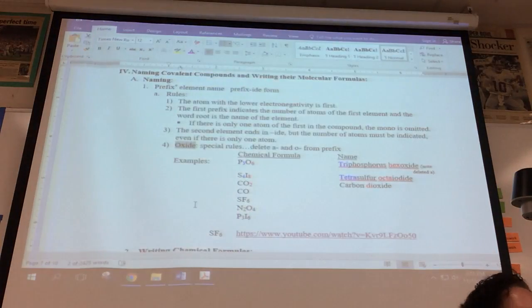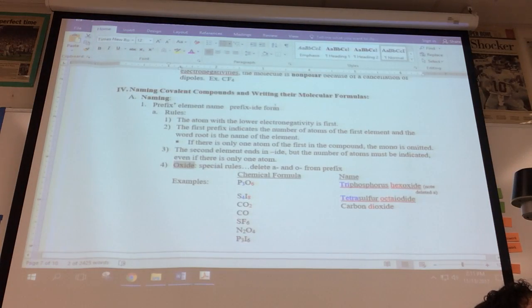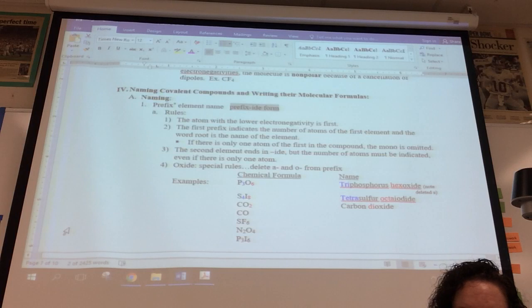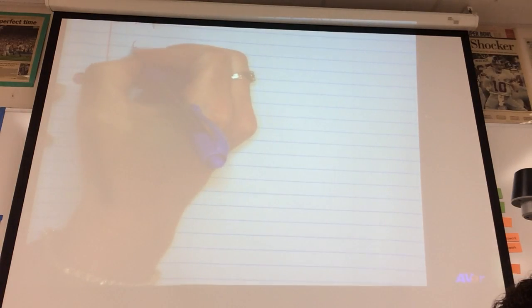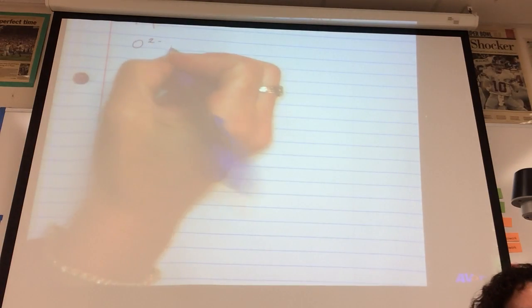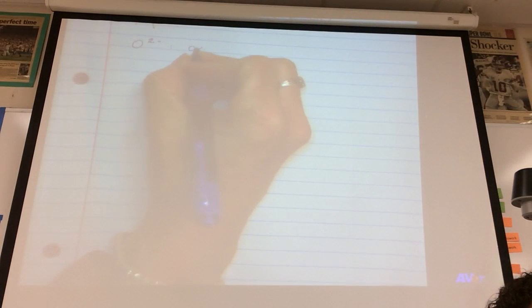And I do want to mention in a little more detail that IDE form. That IDE form is exactly what you saw previously. For example, when we talked about monatomic ions, what is the name of this ion? Oxide ion.